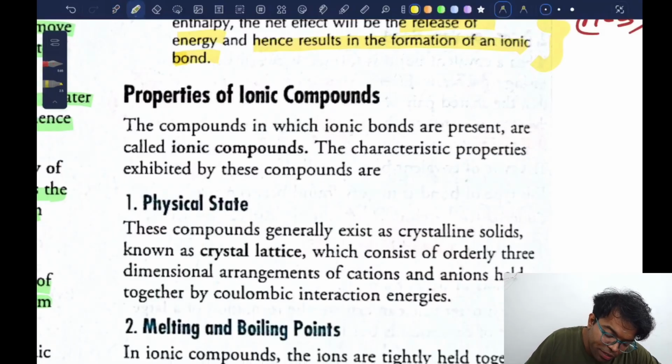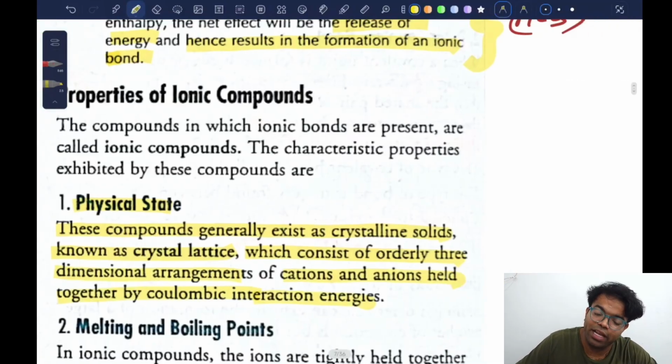Now, the physical state: usually ionic compounds are present in the solid crystalline state. The compounds generally exist as crystalline solids known as a crystal lattice, which consists of an orderly three-dimensional arrangement of cations and anions held together by Coulombic interaction energy.